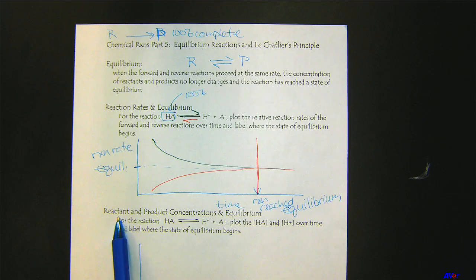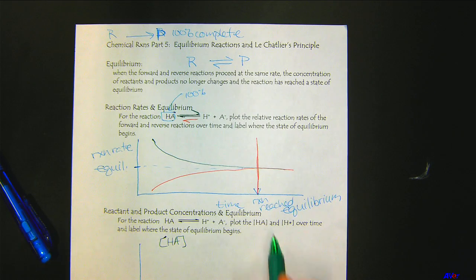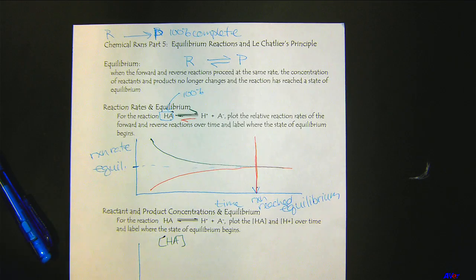Now let's look at the reactant and product concentration. We'll keep HA as green with our forward reaction. I'm going to try to line this up so we have it all happening together.